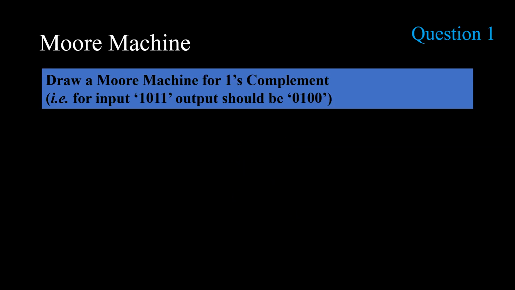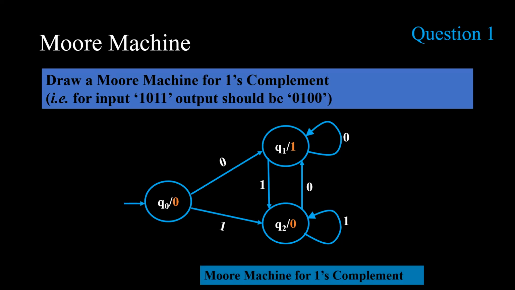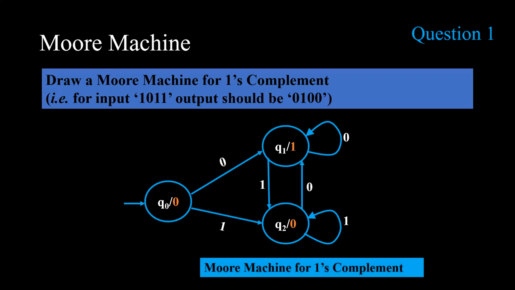Now if I talk about the Moore machine for the same, that is for 1's complement. Again, 1's complement has been defined. What is 1's complement? If input is 1, 0, 1, 1, output should be 0, 1, 0, 0. So this is the Moore machine. Just see, if I have input 0 at Q0 state, output should be 1. If I have input 1, output should be 0.